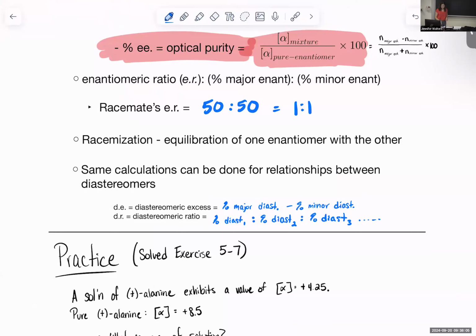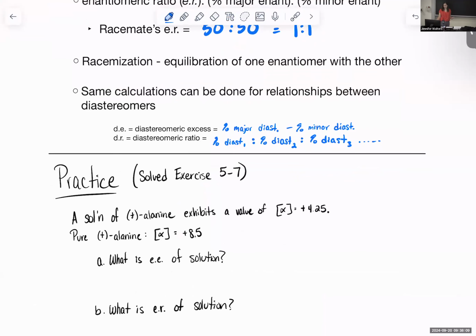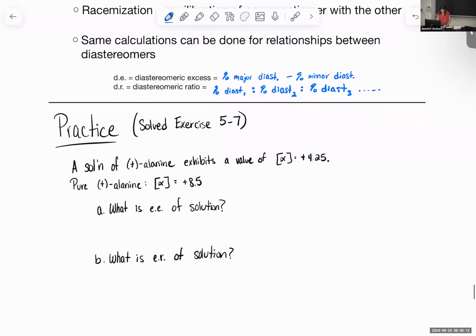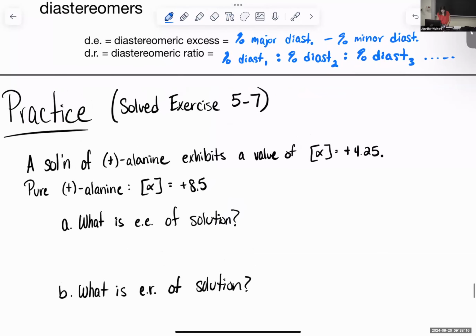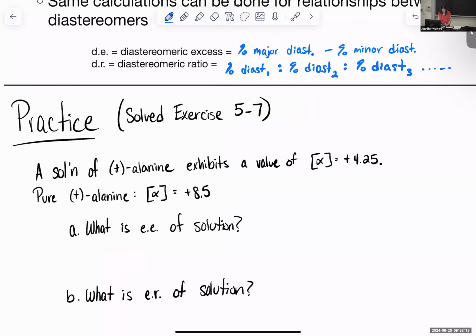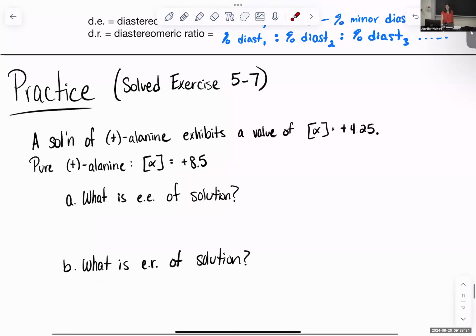All right, let's practice an example problem of how we would do this. If I have a solution of plus aniline that exhibits an alpha value of positive 4.25, and pure aniline has an alpha value of positive 8.5, then what is my EE? Go ahead and try to solve it.